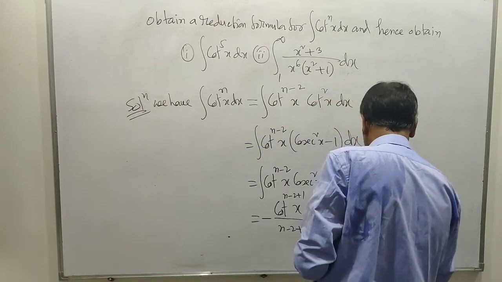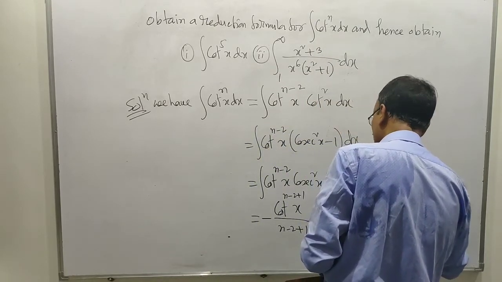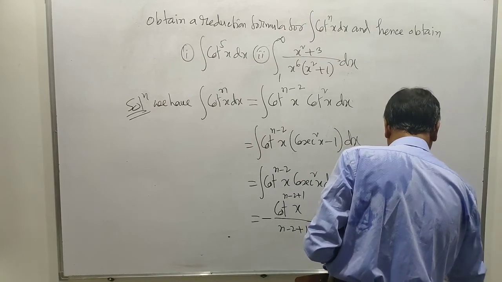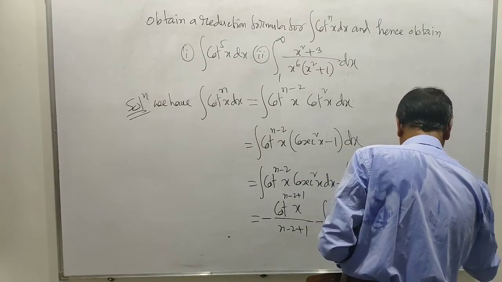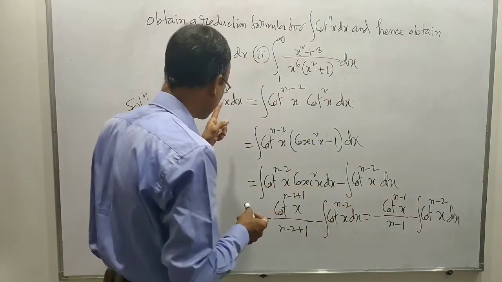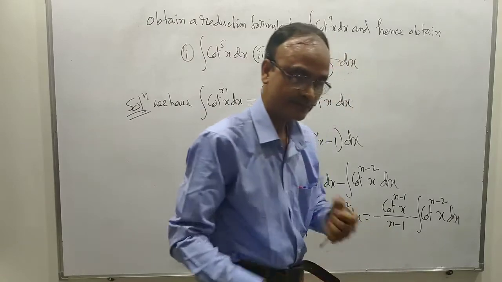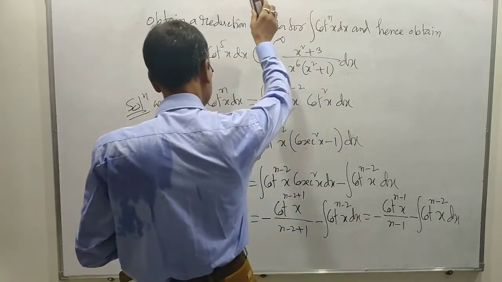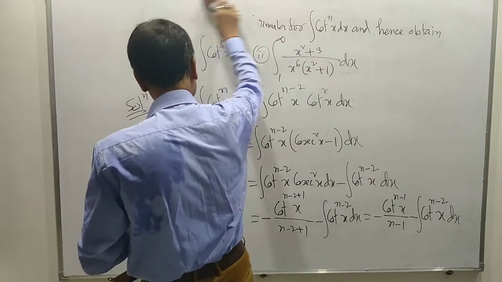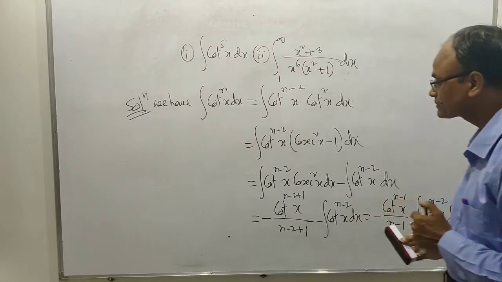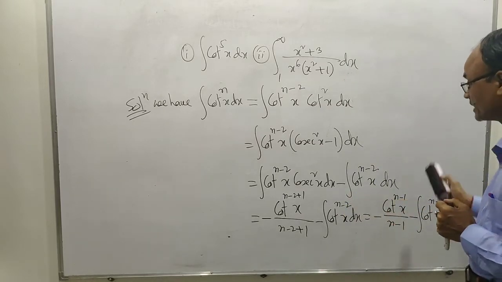This is equal to minus cot to the power n minus 1 x divided by n minus 1 minus integral cot to the power n minus 2 x dx. This is the required reduction formula.